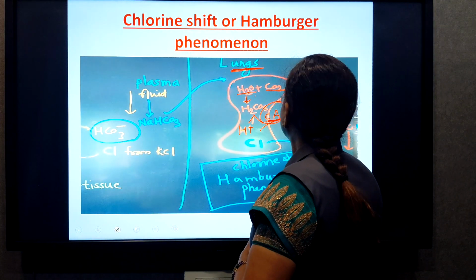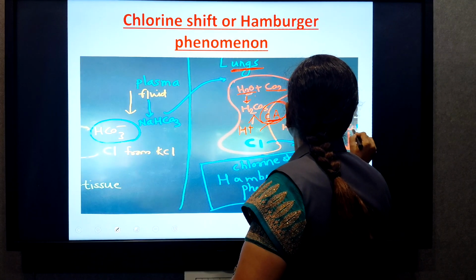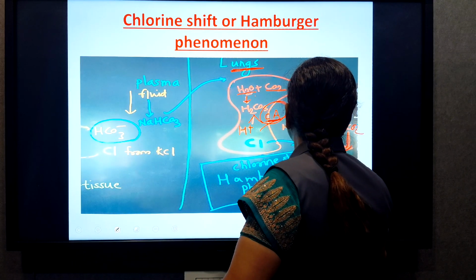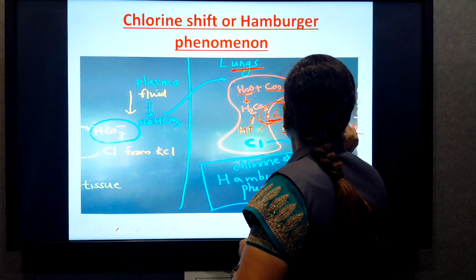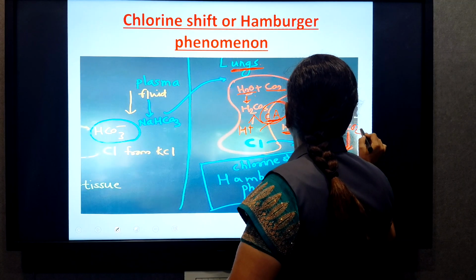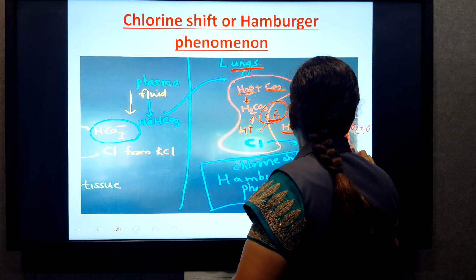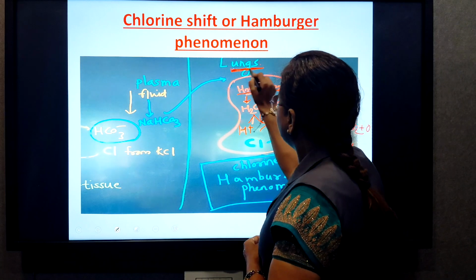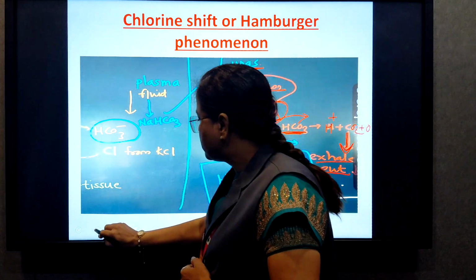HCO3 dissociates into H+ and CO2, and carbon dioxide is exhaled out in the lungs. And this is the chlorine shift, also called the Hamburger effect.